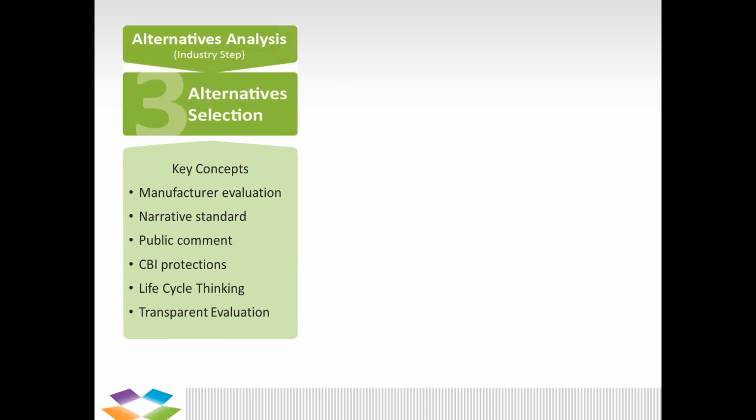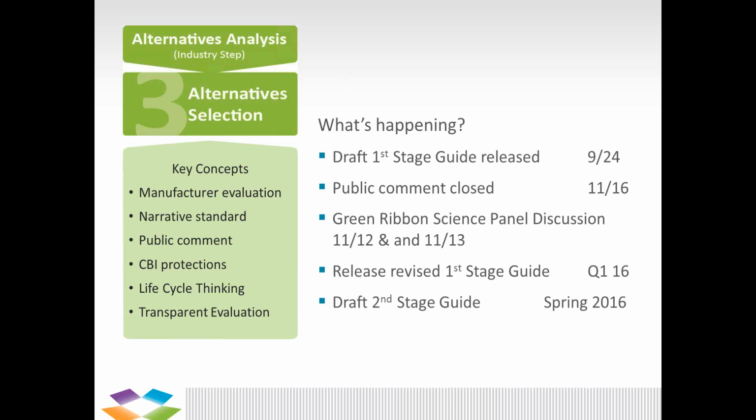It's not a step-by-step A plus B equals C process. There's a lot of criteria that have to be considered, and there has to be a lot of decision-making done by the practitioner of the AA. And it's done both across the whole life cycle of the product, and we require transparency of information. Show your work.